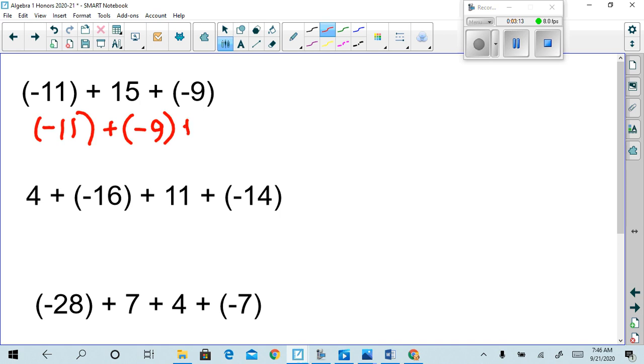Some of you will see it mentally, so you won't necessarily have to rewrite it, but if you wanted to, you could, just so that you get your like signs together, which would give me then -20 plus 15, end result, -5.